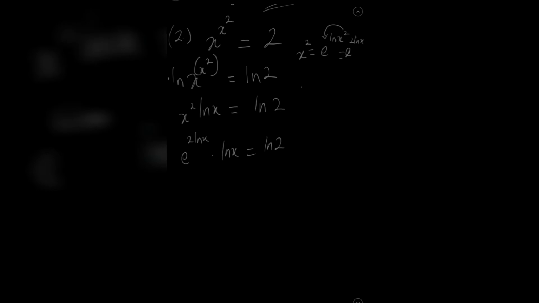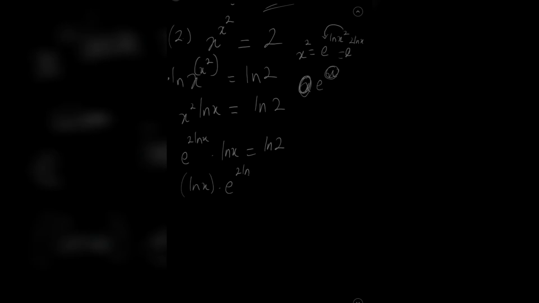Okay, now we must get it in this form. That's the term here should be the same thing as the term here. So this can be written as ln of x multiplying e raised to the power 2 ln of x equals ln of 2.